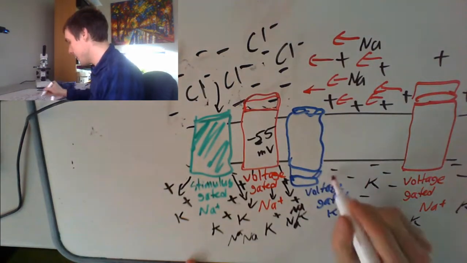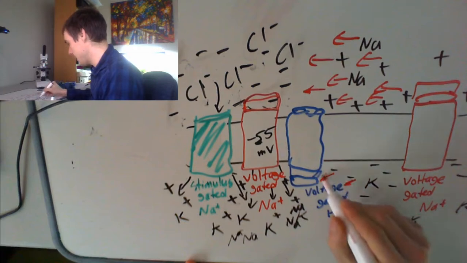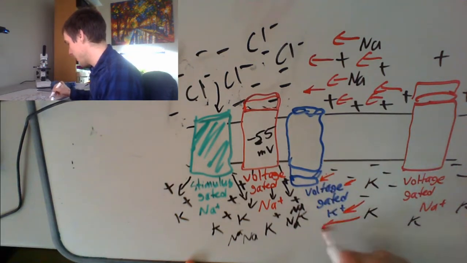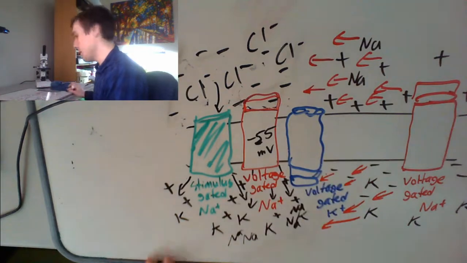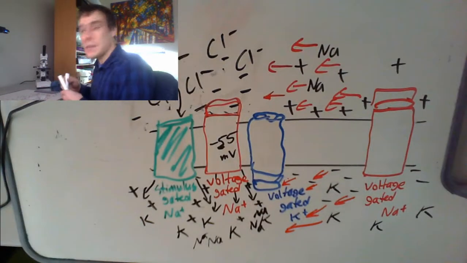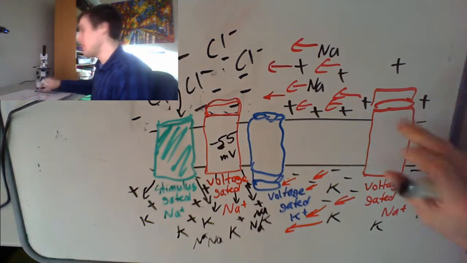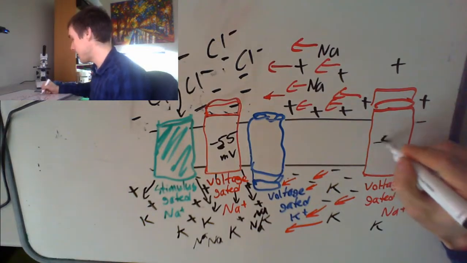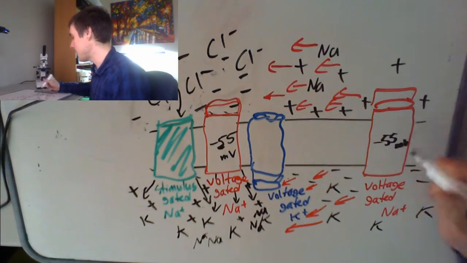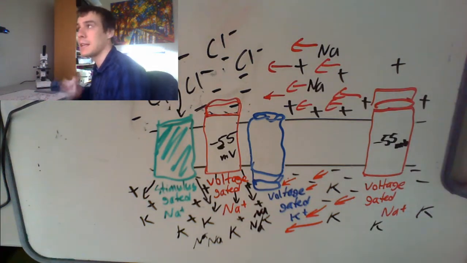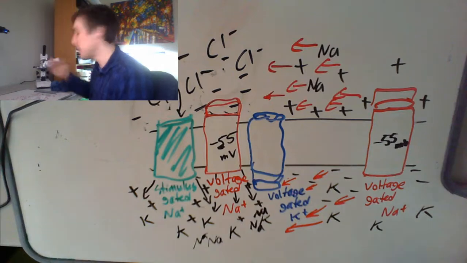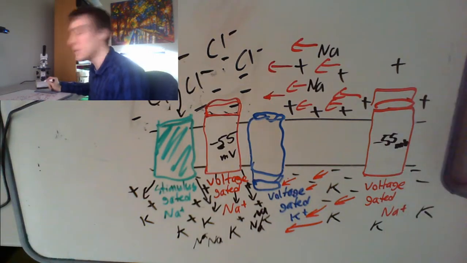And here, these negatives are going to get attracted to this positive area down here. And wouldn't you know it, that's exactly what this channel needs to hit -55 millivolts, because it's seeing less positives on top and less negatives on the bottom. It's getting less of that potential, that buildup of difference in charge.